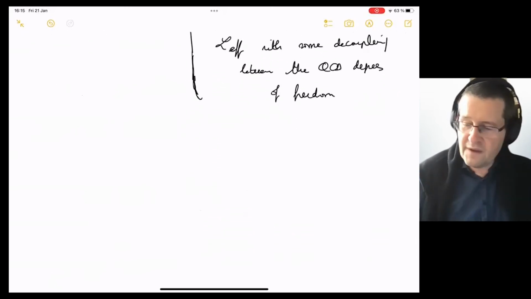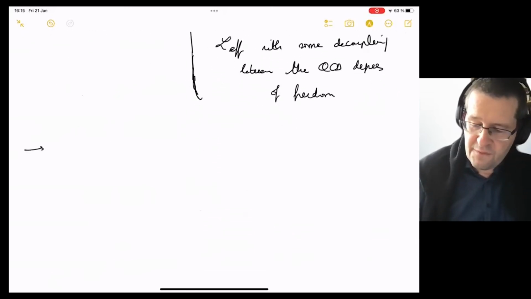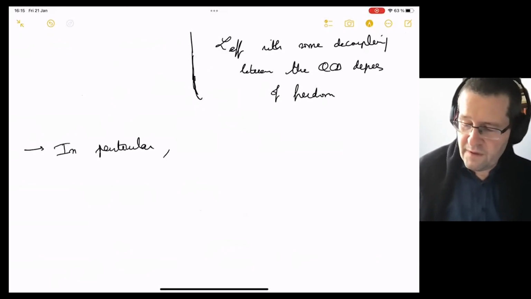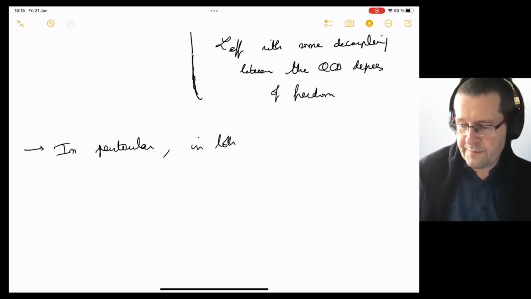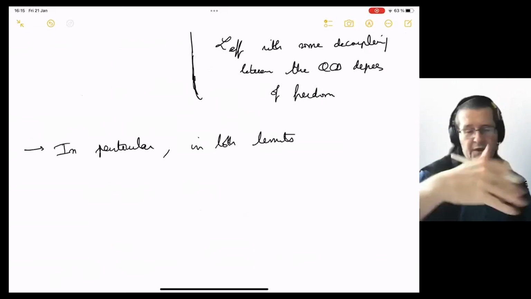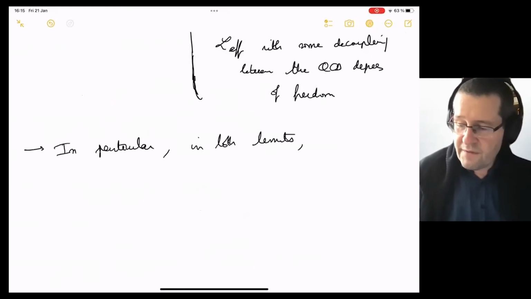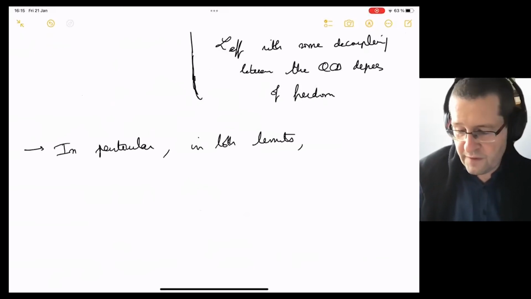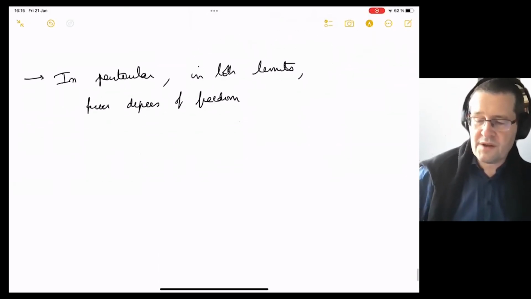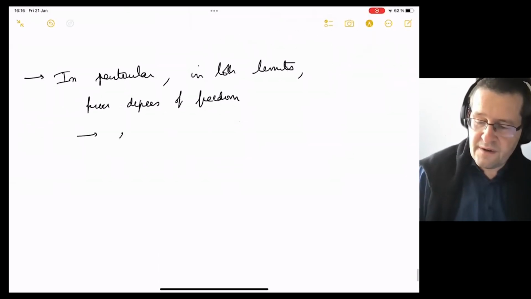But one thing is that in both limits, so K star energy being very small or very large, you have a simplification, you have fewer degrees of freedom, which means that there are relations between the form factors.